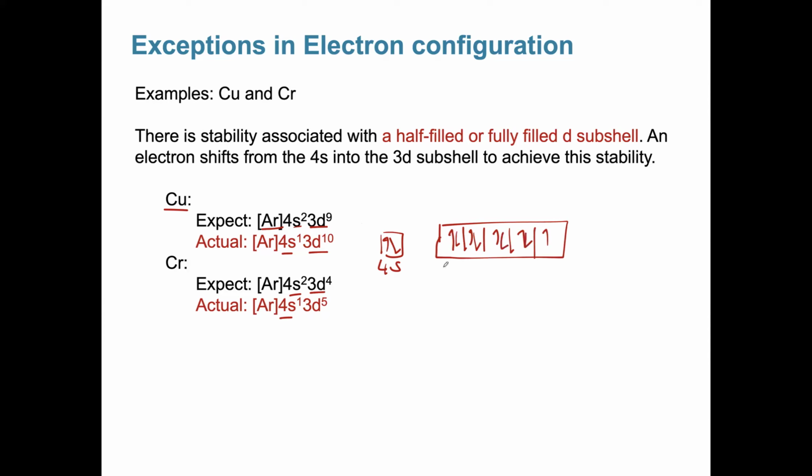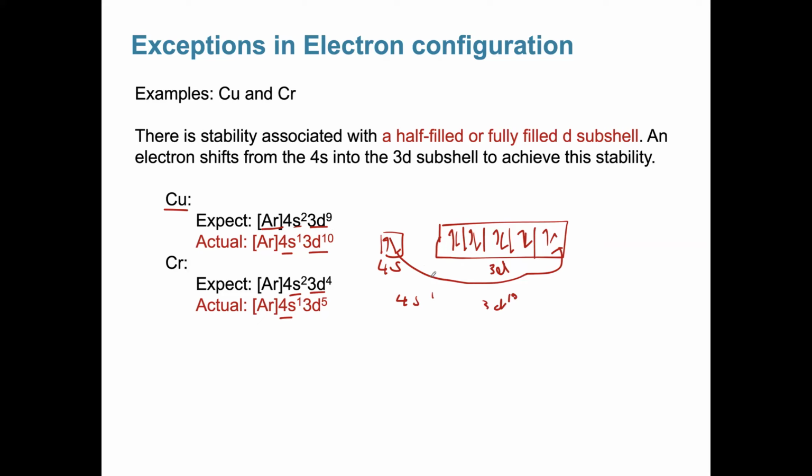Now this is expected based on the Aufbau principle, but experimentally it was measured that one of the electrons from the 4s orbital jumps to the 3d orbital to get a fully filled d subshell. So you have 4s1 and 3d10, and this is more stable than 4s2 3d9.